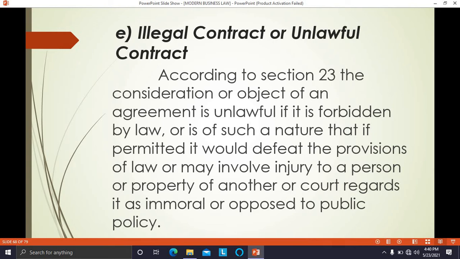Now what is an illegal or unlawful contract? Section 23 says that any agreement whose consideration or object is unlawful, which is forbidden by law.